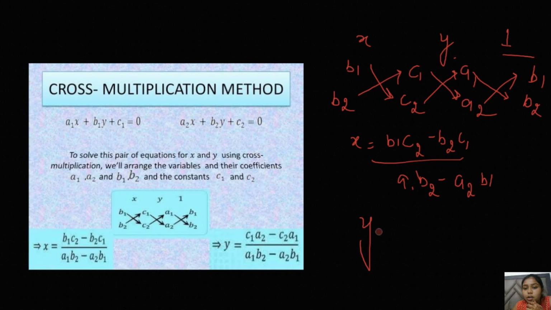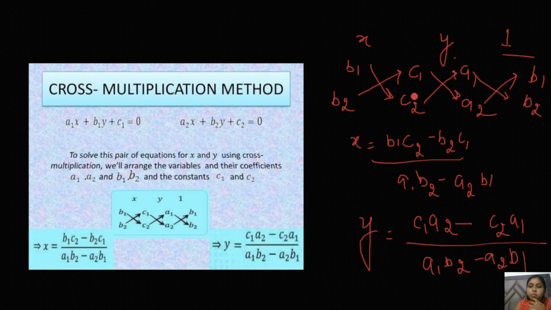Similarly, y is equal to c1 a2 minus c2 a1 divided by a1 b2 minus a2 b1. This is what we call cross multiplication, because in this method cross multiplication is used.